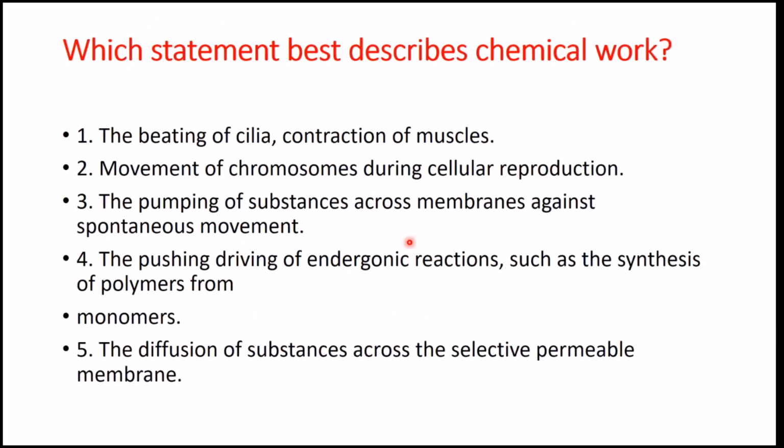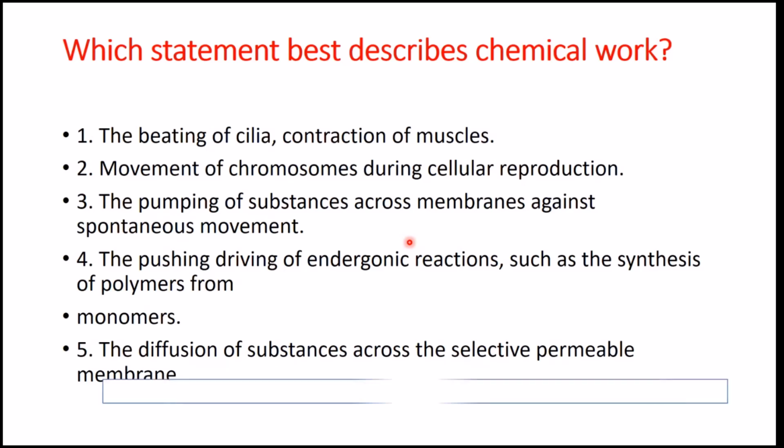Which statement best describes chemical work? I think it's number 4, because chemical work is the construction and synthesis of complex molecules. Do we all agree with number 4? No, I'm thinking of number 5, diffusion of substances across the selectively permeable membrane.